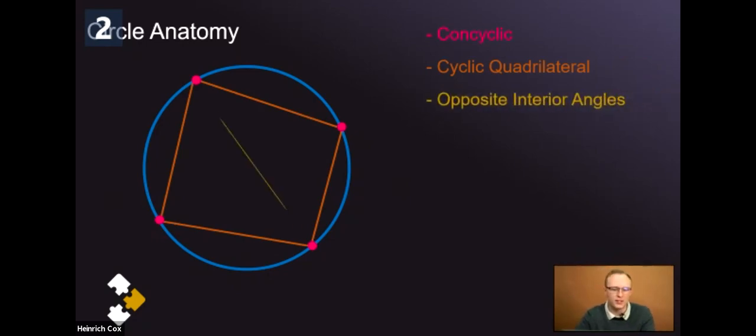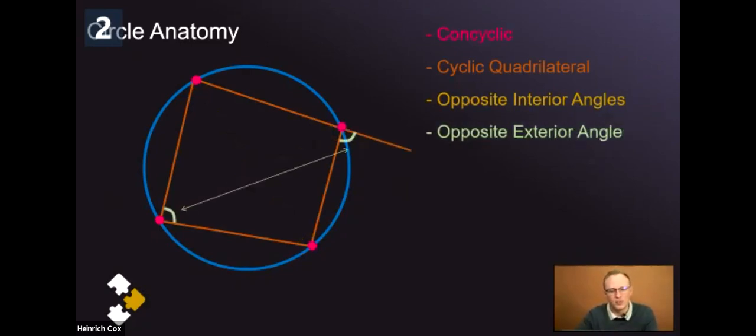And then opposite interior angles is what you see there in the yellow, right? So opposite interior angles would look something like that. And then an opposite exterior angle is basically if you just extend one side of the quadrilateral, right, then you end up with an opposite exterior angle. So just be very careful.